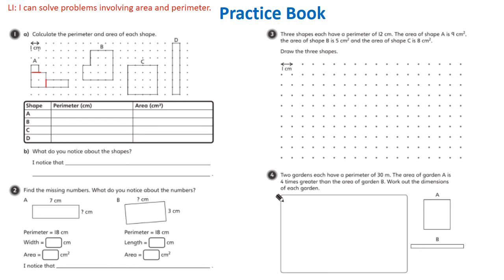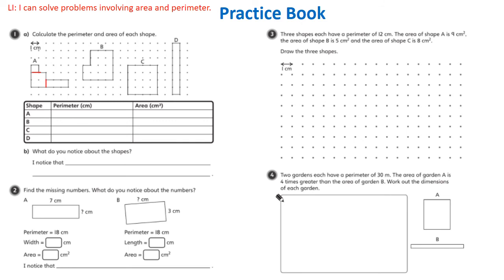So what you want to do, if we look at the first one, shape A is 9 centimetres squared, you want to think of factors of 9. Half of 12 is 6. So you want 2 factors of 9 that add up to make 6.